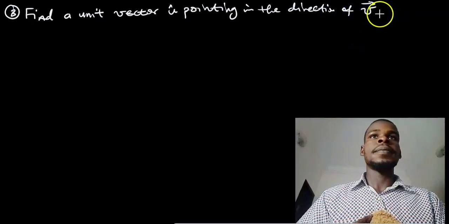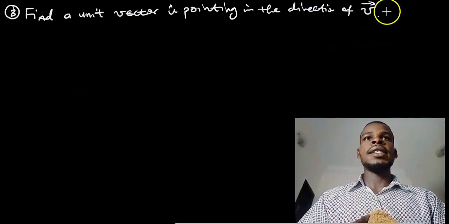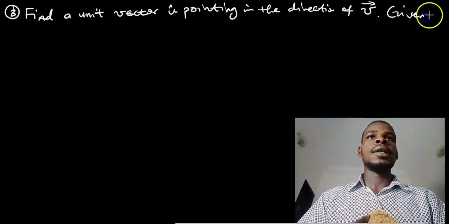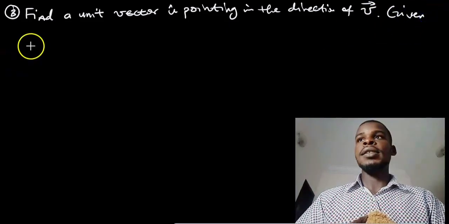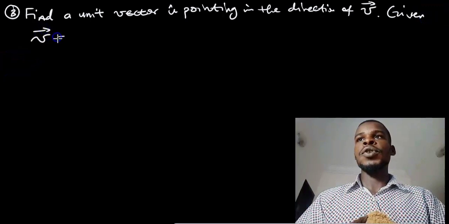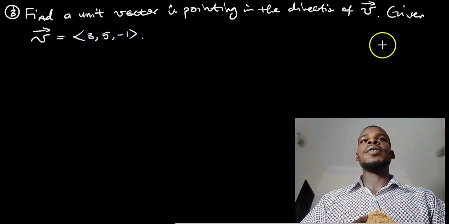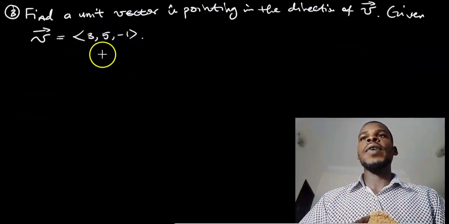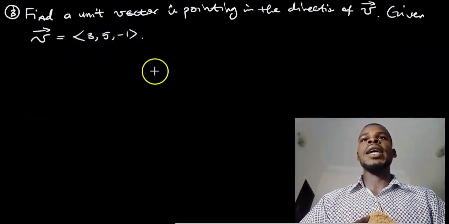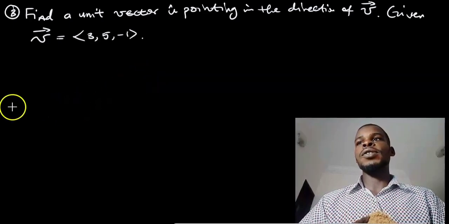Good. Given that vector v is, from the example we used earlier, the first example I used, (3, 5, -1). So given that vector v is that, you want to find a unit vector, let's call it u hat, which points in the direction of vector v.